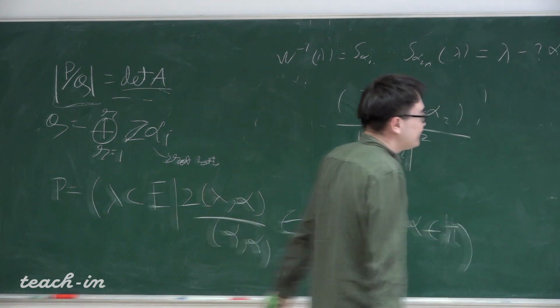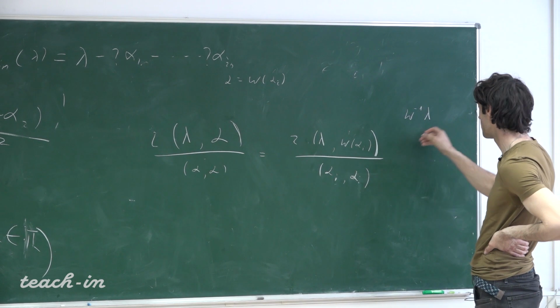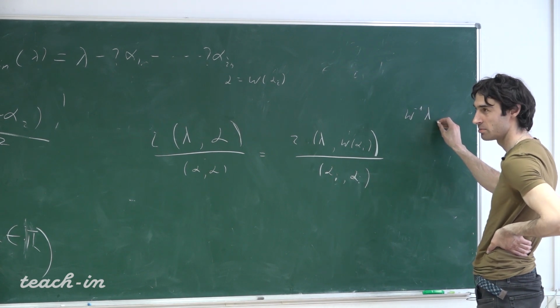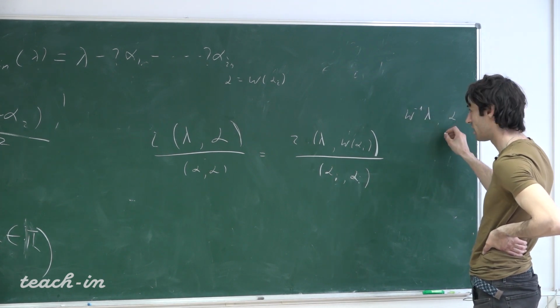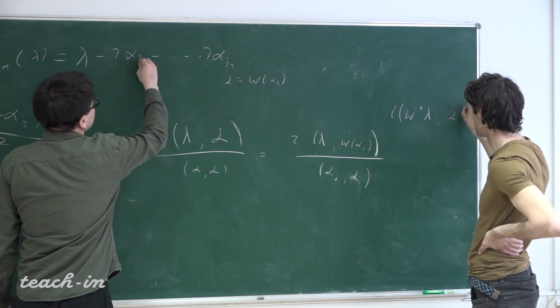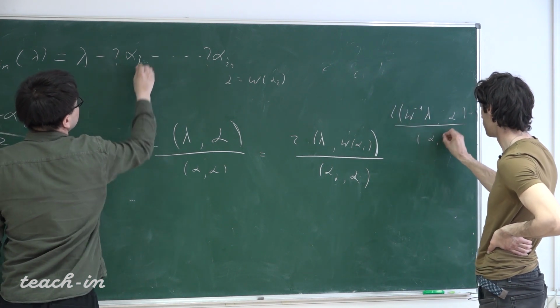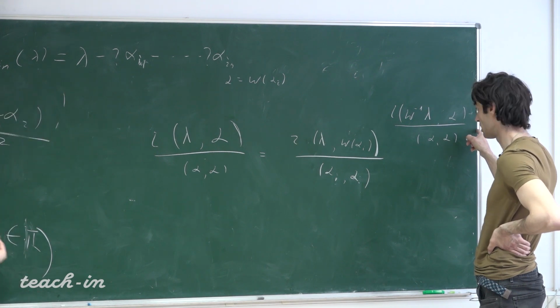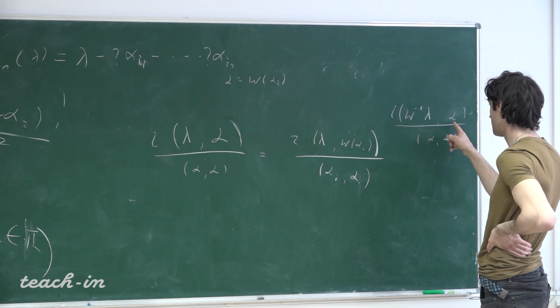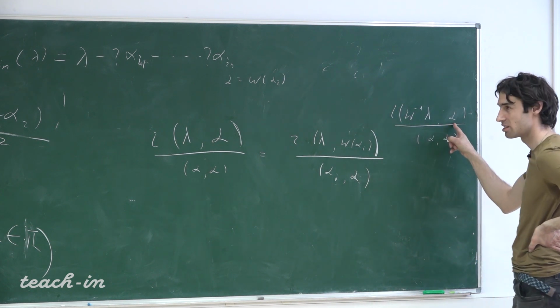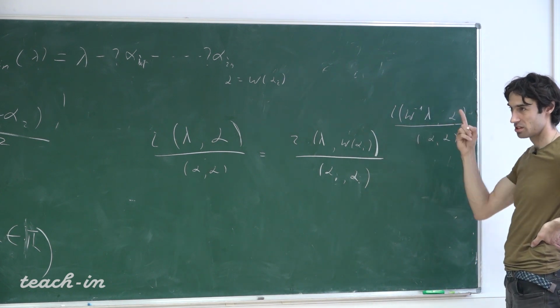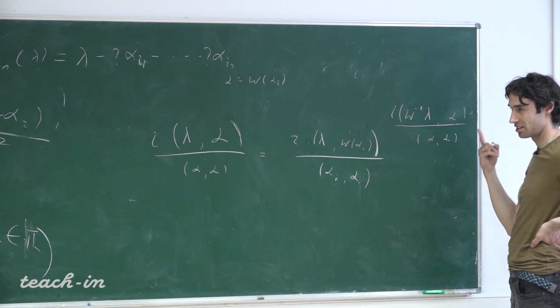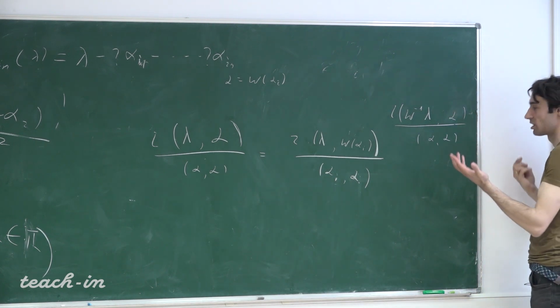So we just proved that W inverse of lambda with any alpha, 2 of this over alpha for any positive, is an integer. But then W acts transitively on roots, and it actually acts on roots.